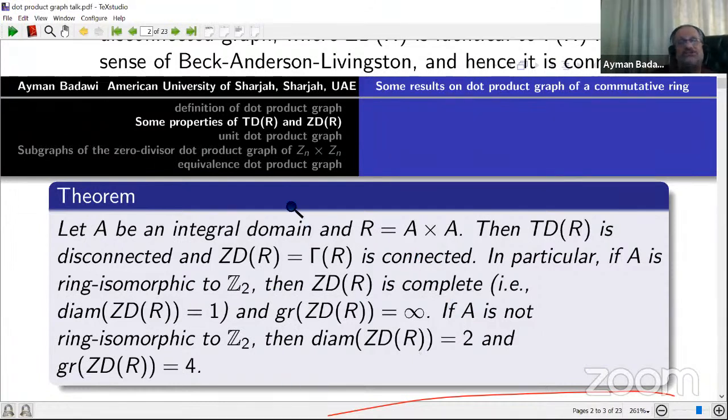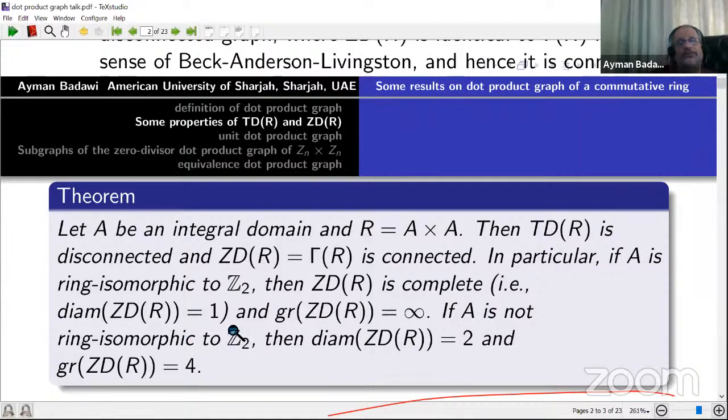And here I mention in particular that if A is ring isomorphic to Z2, then the zero dot product graph is complete.